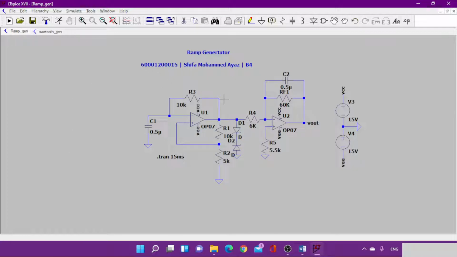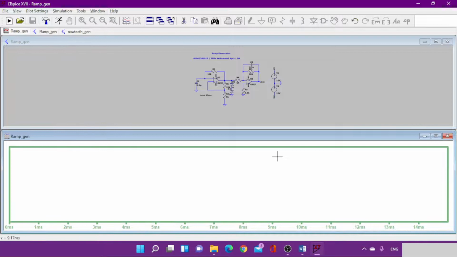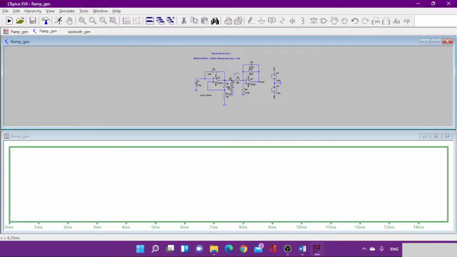So a ramp generator is an application of the astable multivibrator. Let's simulate the circuit and check the output. Again, the R and C values are chosen according to the formulas as I had shown you previously. Here we are going to check the stage before this.